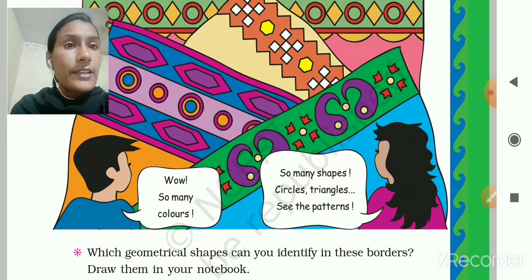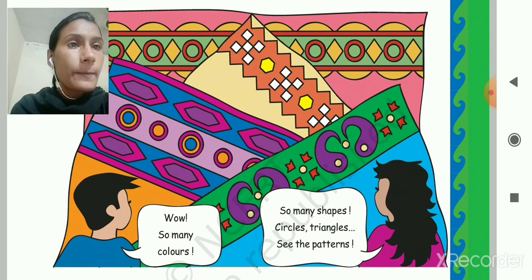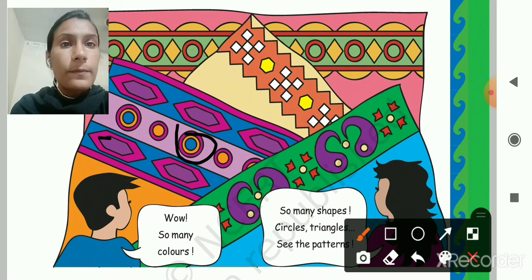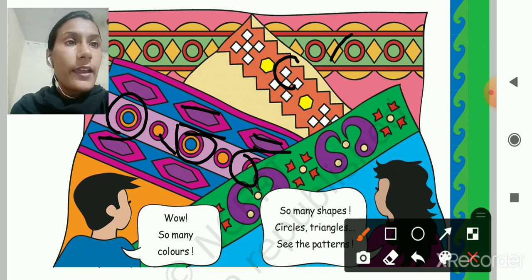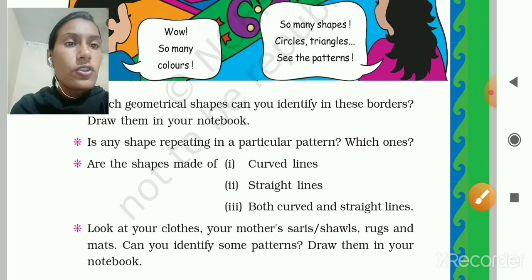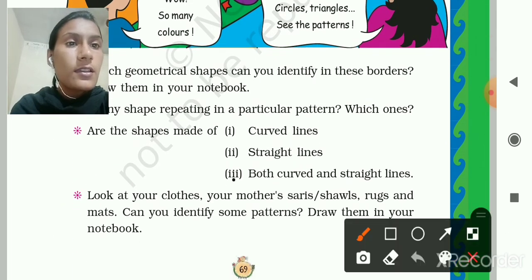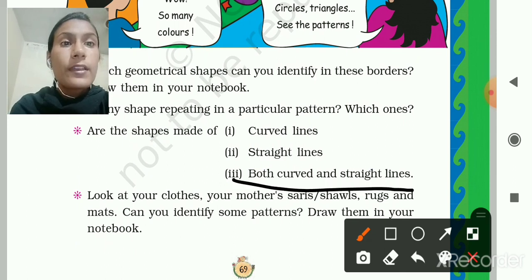Here you can see this shape is made by curved lines and this shape is made by straight lines. So here straight lines and curved lines, so both. So which option will come here? This one, both. The shapes are made of both curved and straight lines.